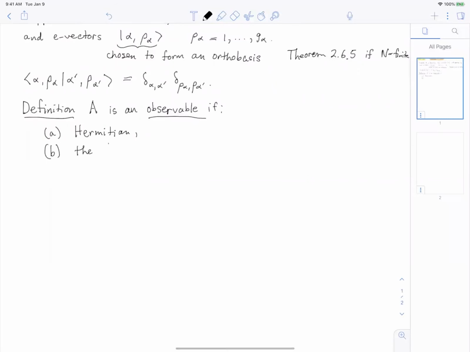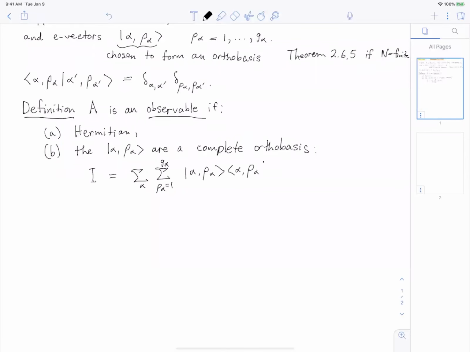So the alpha rho sub alpha are a complete orthobasis, which means that they satisfy the following equation: the identity operator is equal to what you get when you sum over all these states, alpha, and then for each alpha, you sum over rho sub alpha from 1 up to the degeneracy G sub alpha of the ket alpha rho sub alpha, bra alpha rho sub alpha. Okay, and this is the completeness relation.